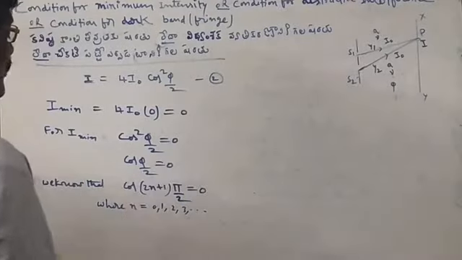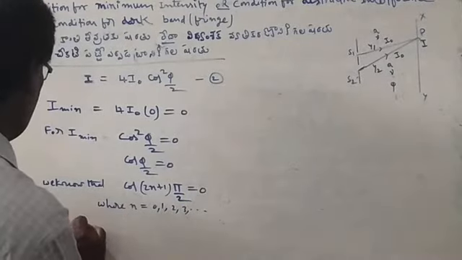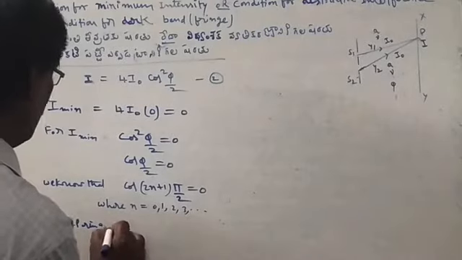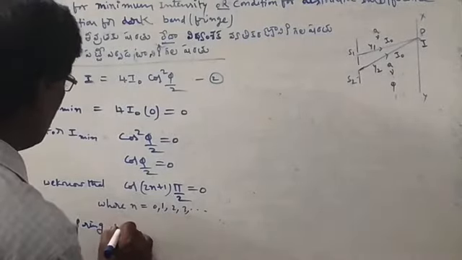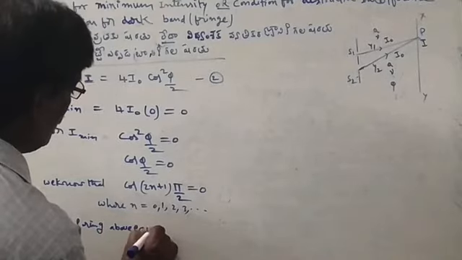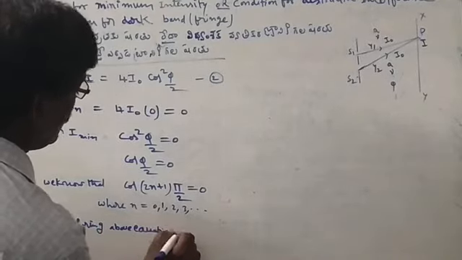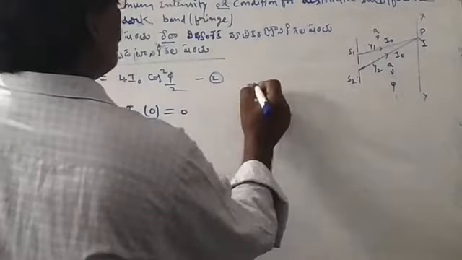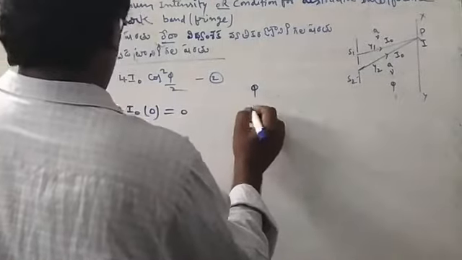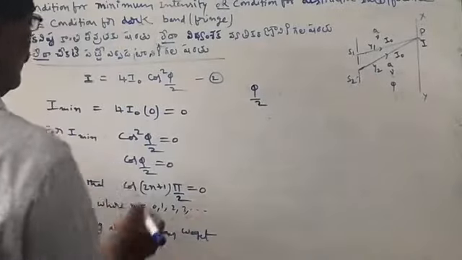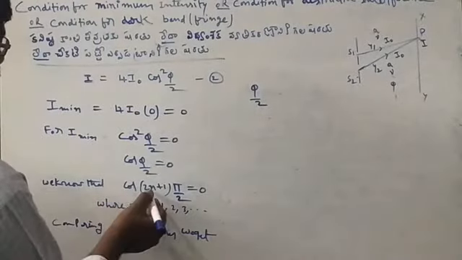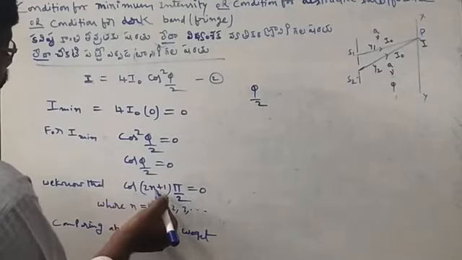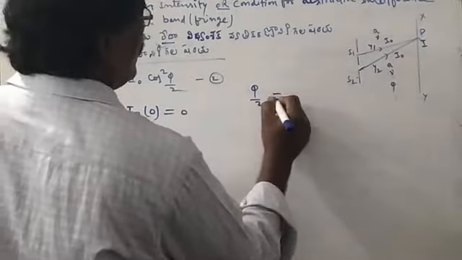Comparing the above equations, cos phi by 2 is equal to 0, and cos of 2n plus 1 into pi by 2 is equal to 0. That means phi by 2 is equal to 2n plus 1 into pi by 2.